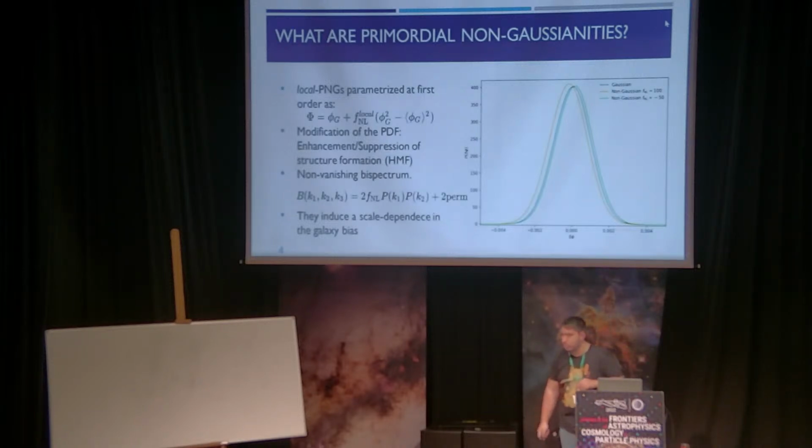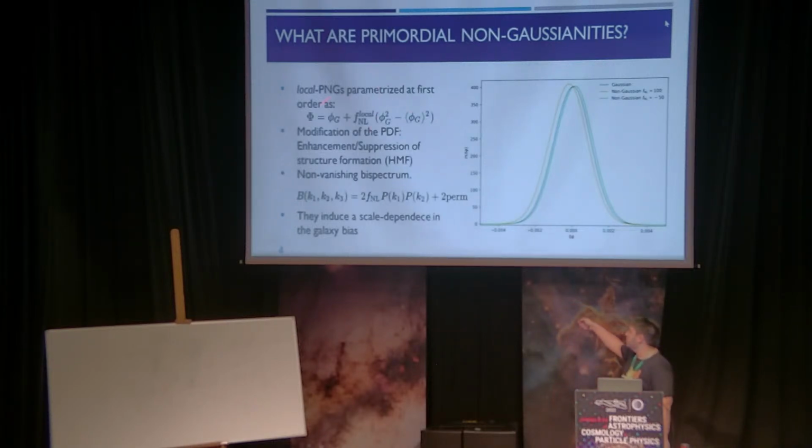In the following, I will only consider the local type of primordial non-Gaussianities, which induces a modification on the primordial gravitational field, which can be parameterized as this expression, where phi_G is the Gaussian part, and this is the amplitude of this primordial non-Gaussianity.